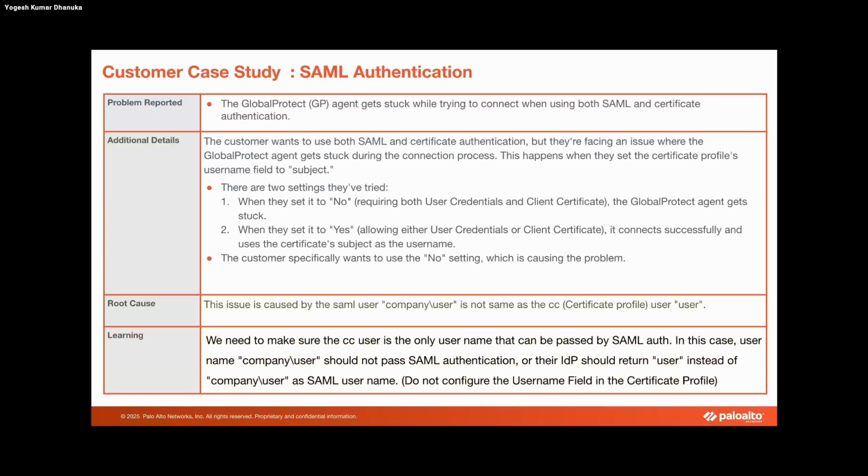If you don't do that, then the only way the username is derived is from SAML, and then there's no conflict. So when you're using both SAML and certificate, the easiest way is to not configure the username field in the certificate, and then it will just rely on SAML, and based on the SAML authentication, the connection can continue.